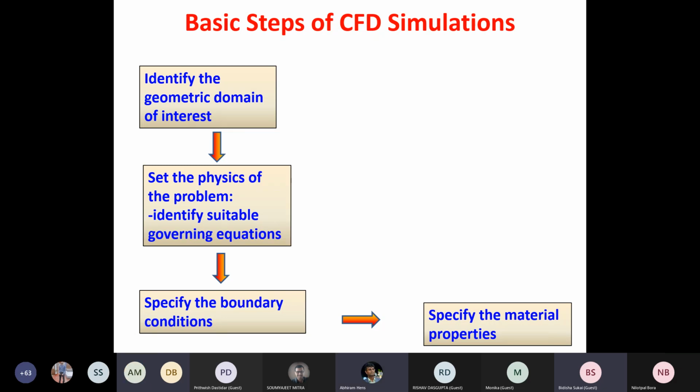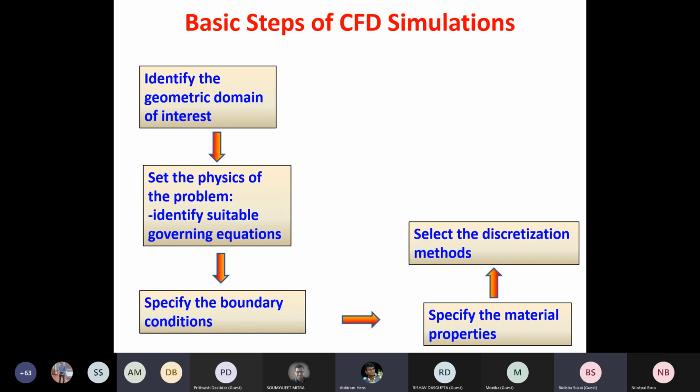Properties means mostly density, viscosity, surface tension, etc. Now these can be constant or can change with temperature. Accordingly, you need to specify either a constant value or a functional form of the properties with temperature, etc. Those options are there, so you need to identify that.